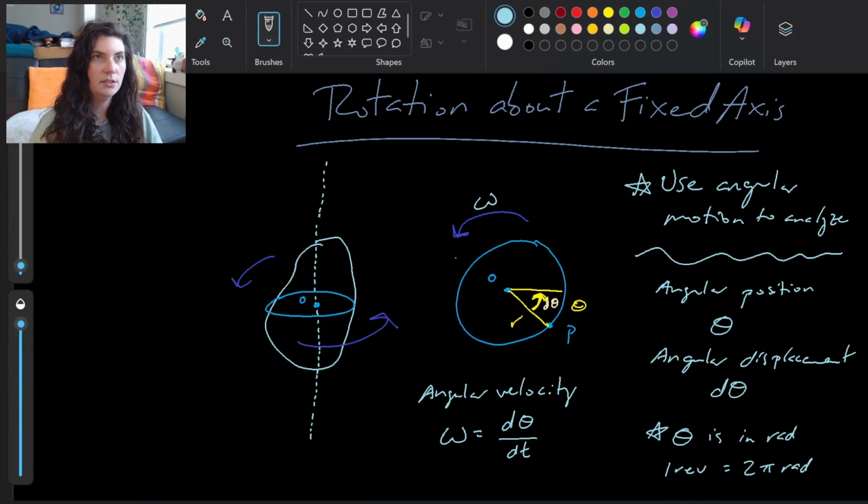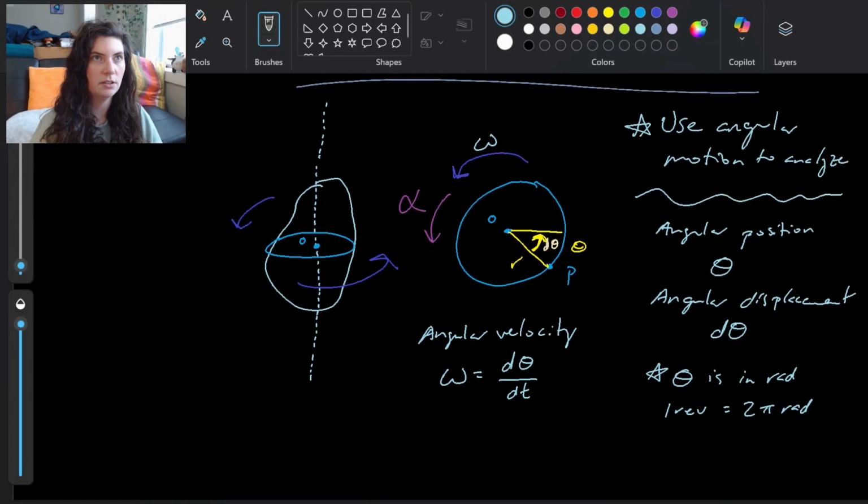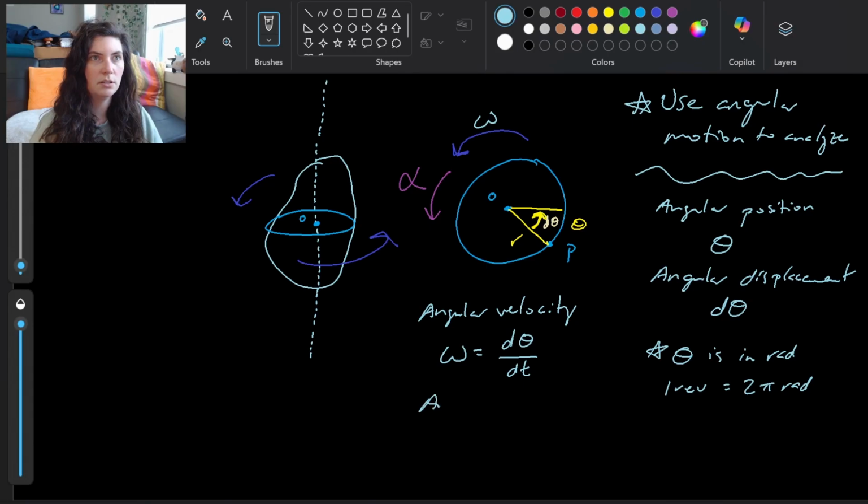Finally, we're also going to have, typically in the same direction as our angular velocity, angular acceleration, alpha. The Greek letter alpha represents our angular acceleration, and much like velocity, we can take a derivative with respect to time to get acceleration.